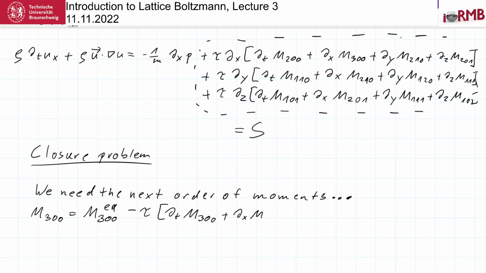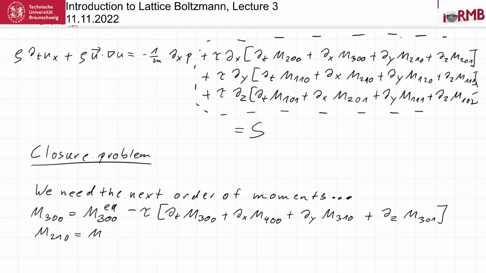Now we have to count up the moments. Now we get m400, and here you already see the problem. Namely, we get again the next higher order, so these are moments of order 4. We also have moments like this here.